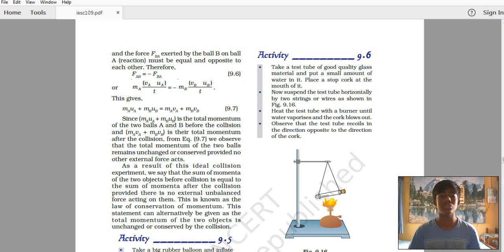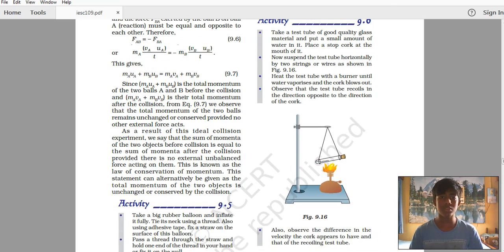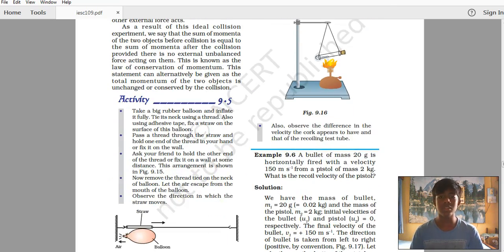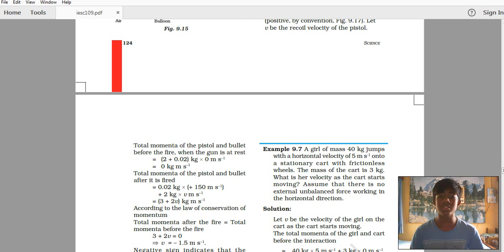So the total momentum of the two balls before collision will be MAUA plus MBUB, or M1U1 plus M2U2, and the total momentum after collision is MAVA plus MBVB, or M1V1 plus M2V2. This is the law of conservation of momentum.